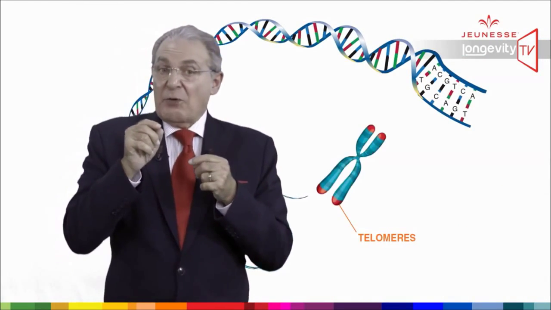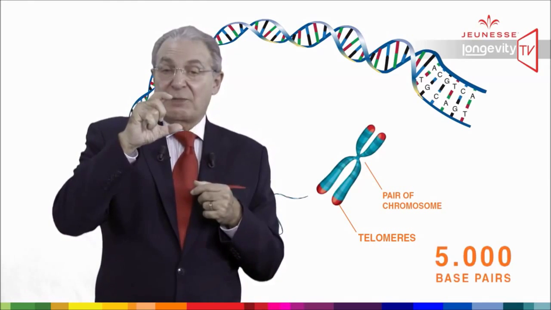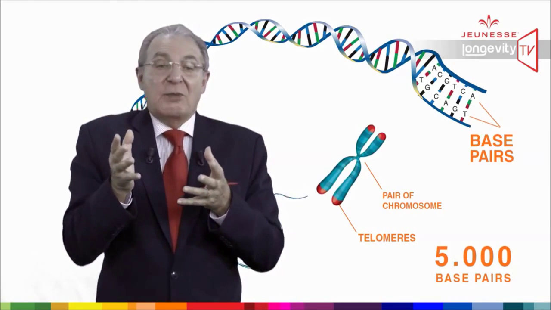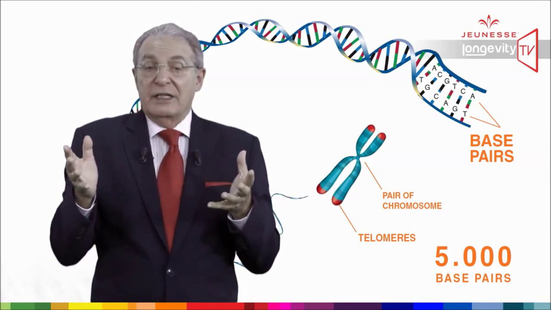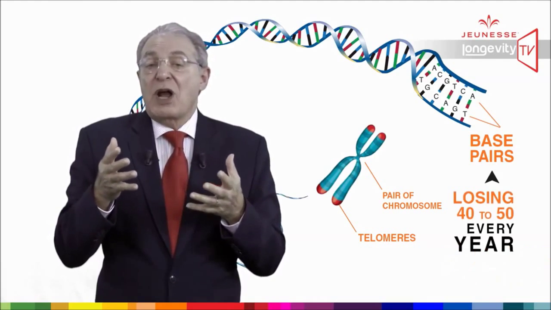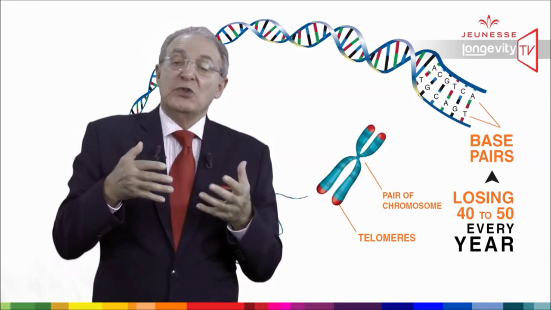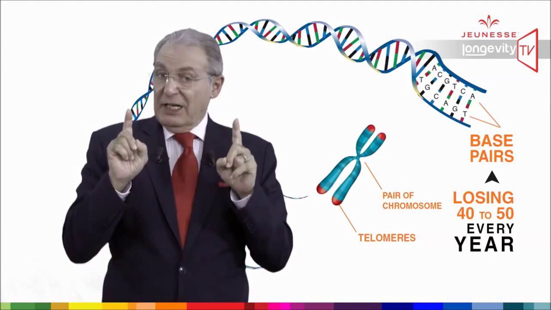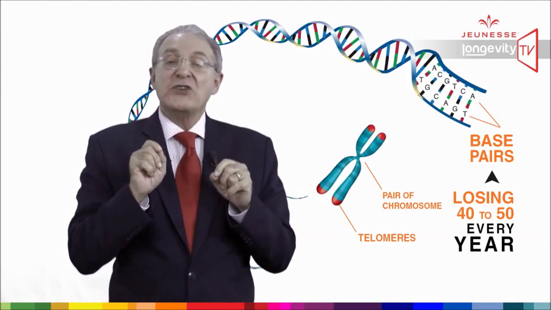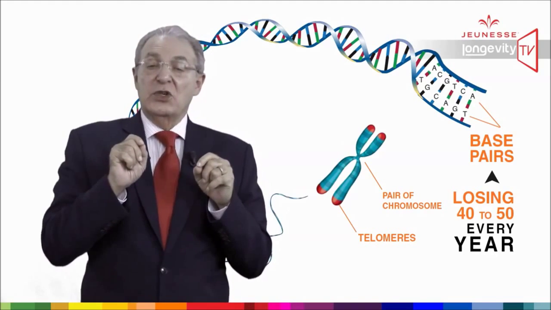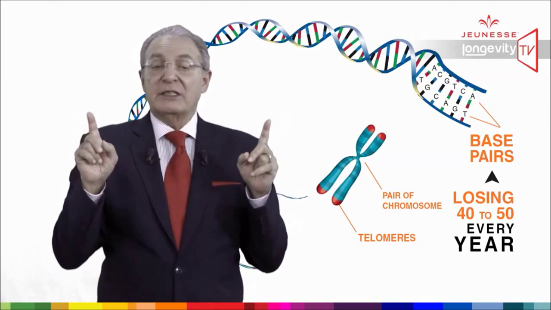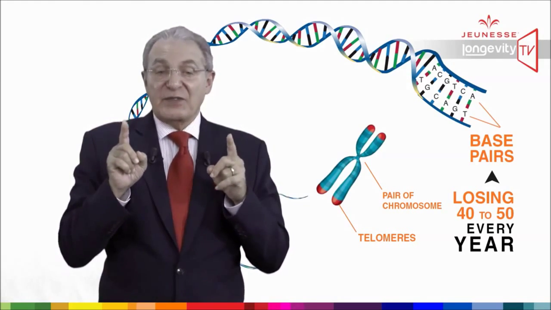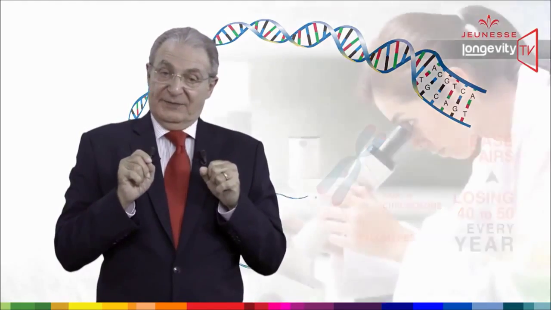When telomeres are reduced to 5,000 base pairs, our cells become senescent and die. We are losing approximately 40 to 50 base pairs every year. So theoretically, it should take 120 years for all our telomeres to reach these 5,000 base pairs.